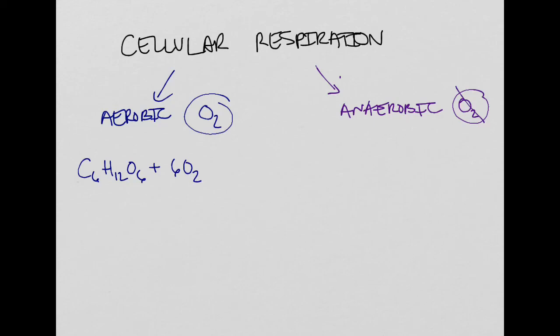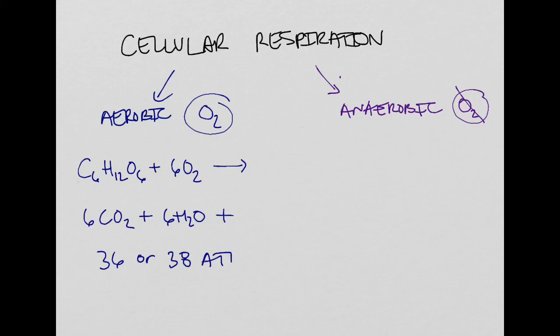We know that oxygen is present here, and that becomes 6CO2 plus 6H2O plus 36 or 38 ATP. We'll talk about why there's this difference between the amount of ATP produced in aerobic cellular respiration. Now, this equation you've already seen today, so you should be relatively comfortable with this one.